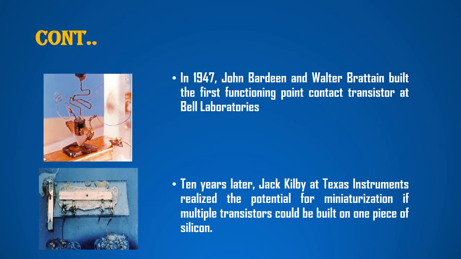So in 1947, John Bardeen and Walter Brattain built the first functioning point contact transistor. So on the left hand side, the figure given is the point contact transistor, the first transistor. Then 10 years later, Jack Kilby realized the potential for miniaturization. That means we have to simplify it. So he founded the integrated circuit.